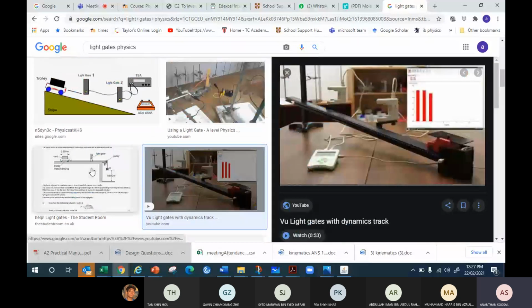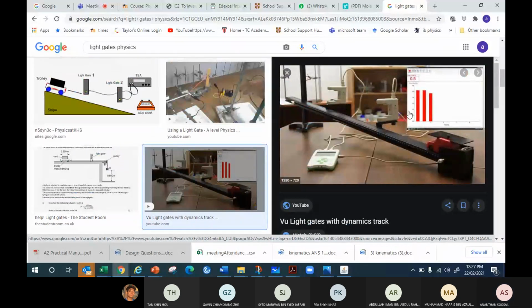Yes, this is a good diagram. You see here, this light gate. You see this trolley. When the trolley moves, it passes through, and the black card, which is horizontal, will block the sensor here. On top and bottom there is a sensor.